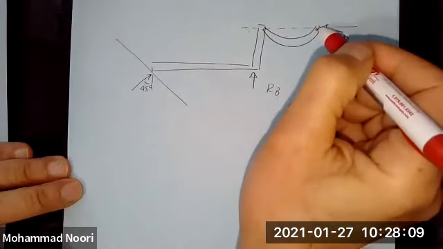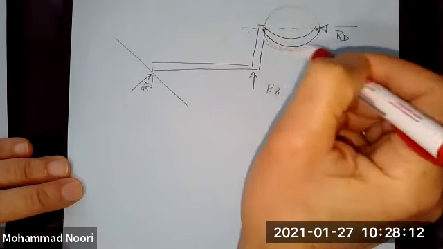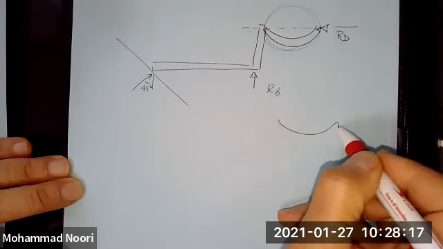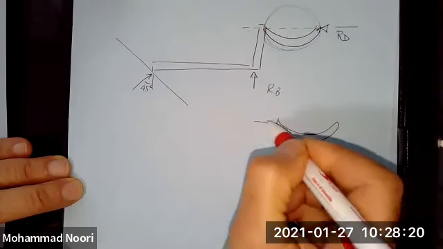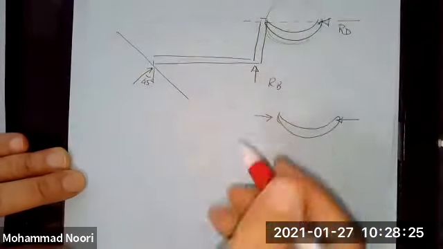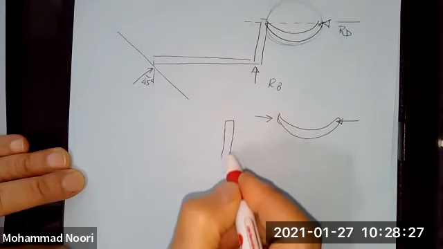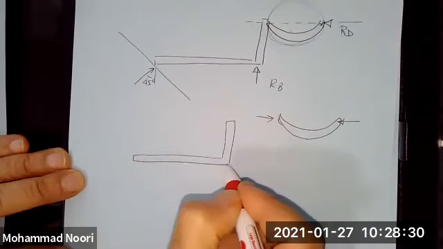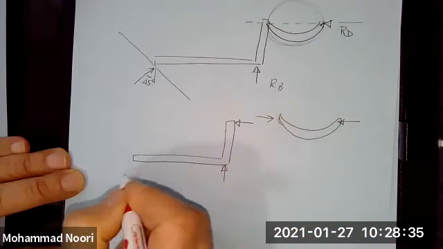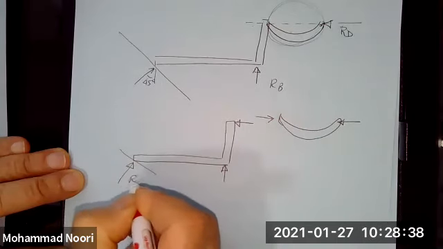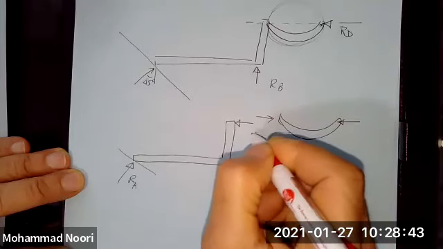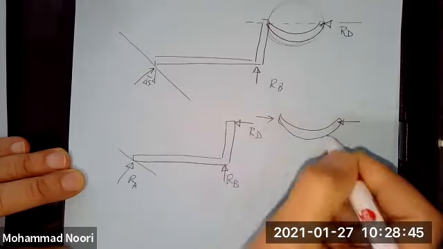Another option is we said that this member is a two-force member. So if I consider the free body diagram of this, it looks like this. So I can just separate this from the rest of the structure, because that's all that member does, and consider this to be the free body diagram that I am going to consider, which doesn't make any difference because this is the same as that.